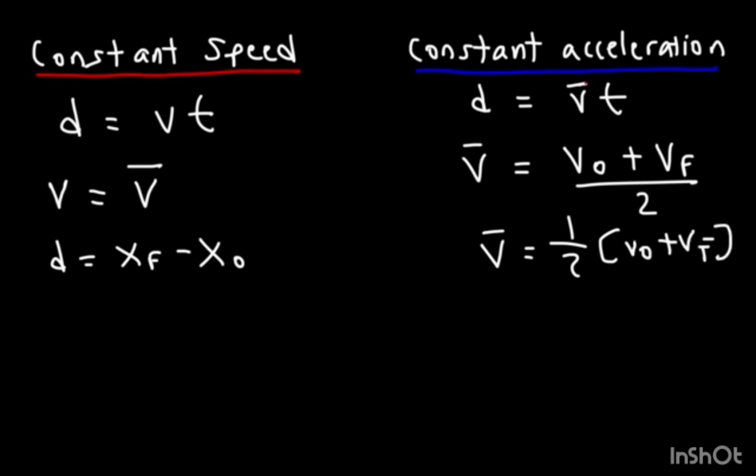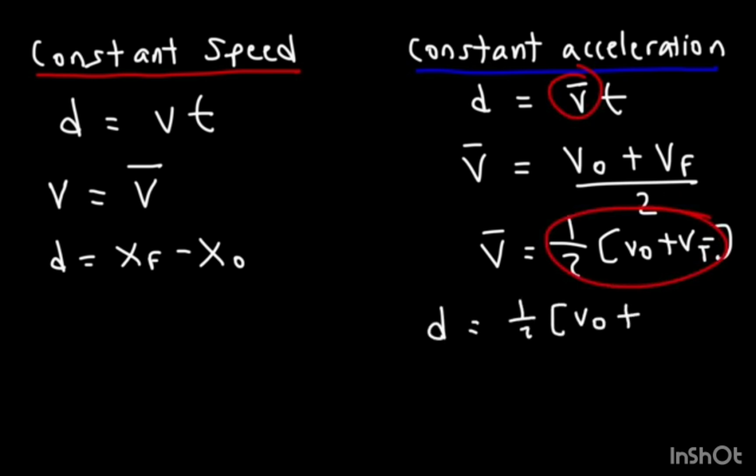So if we were to replace v bar with this expression, we would get the displacement is equal to 1/2 (v initial plus v final) times t. So remember, if you're using d as distance, then v initial is the initial speed, v final is the final speed. But if you're using d as displacement, v initial is your initial velocity, v final is your final velocity.